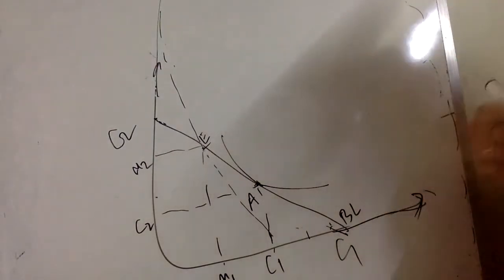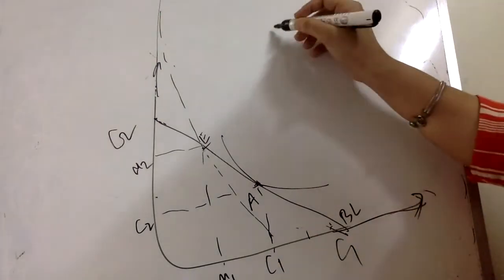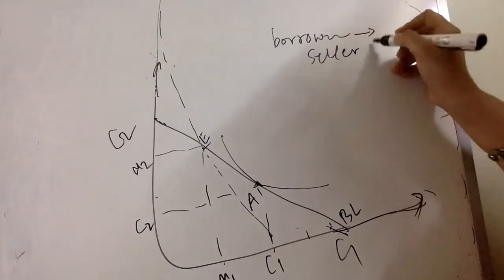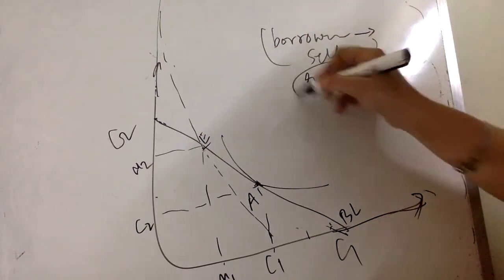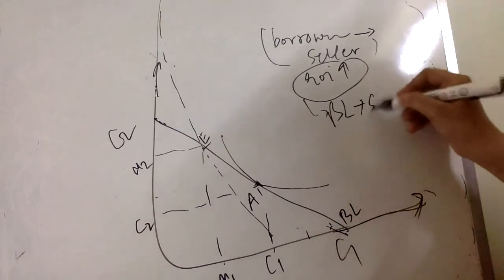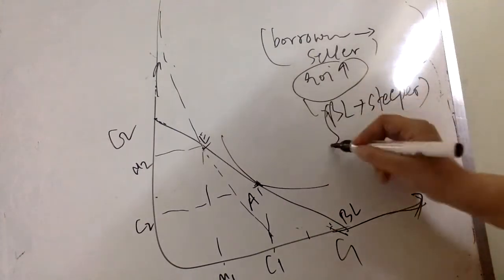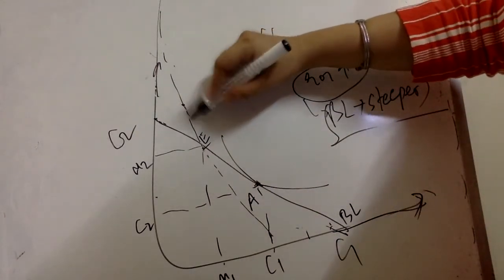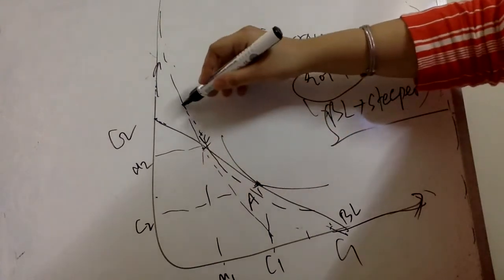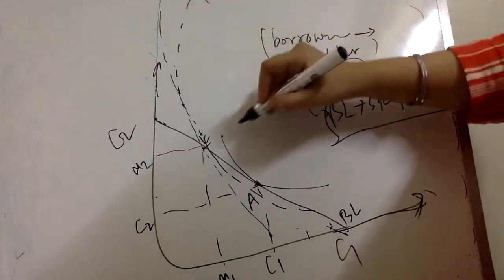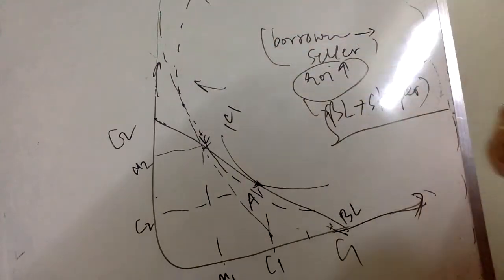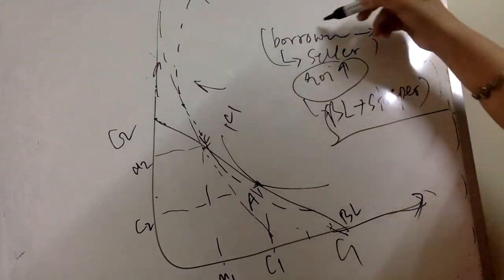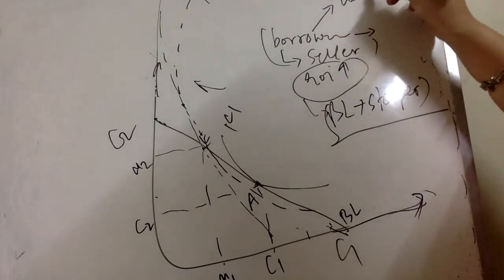There are two possibilities here. I can be better off or I can be worse off when I switch from borrower to seller, in case the rate of interest has increased and therefore my budget line has become steeper. So if I move to this point, it may be possible my new IC is lying like this, such that with my new IC2 compared to IC1 I am worse off. That is one possibility. So in this case, when I switch from borrower to seller as the rate of interest rises, I am worse off.